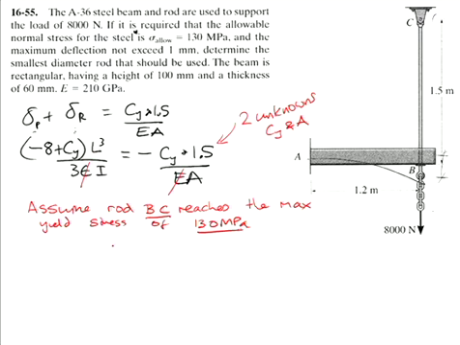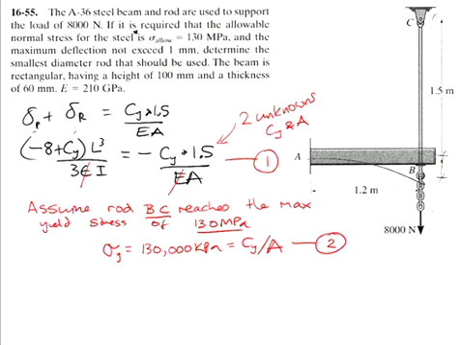And in making that assumption, we're saying our yield stress, which is equal to 130, I'll write it in kPa because they're the units we're working in, well, that's equal to CY divided by A. So this equation up here is equation 1, and this equation is equation 2. Now let me just check. Okay, I have got another blank.